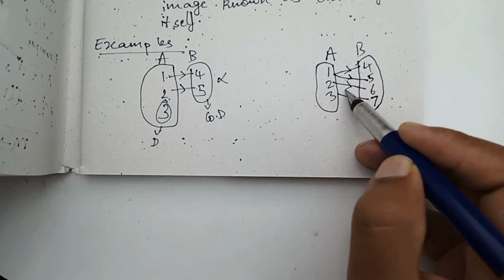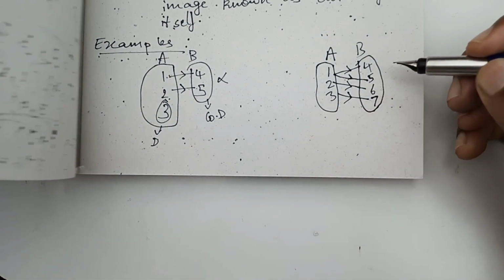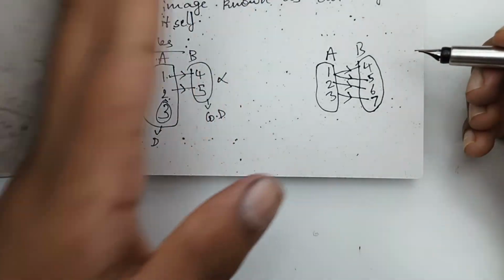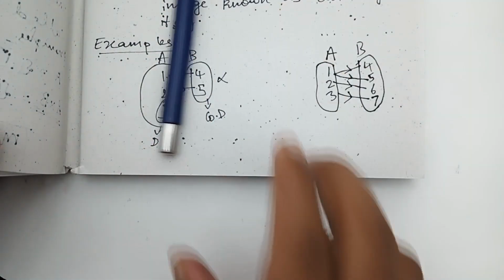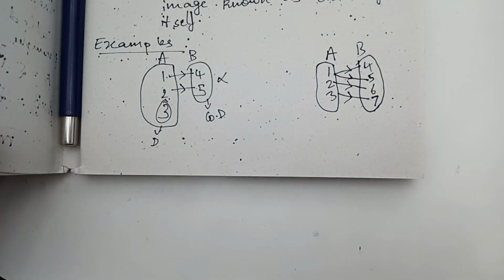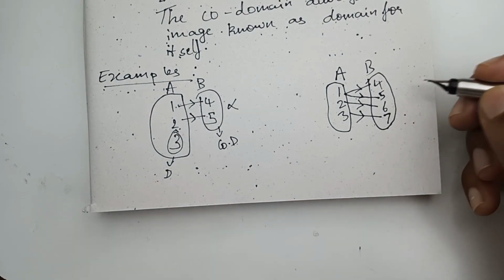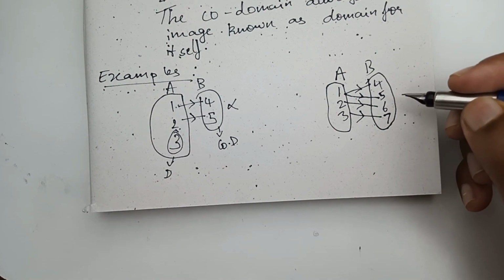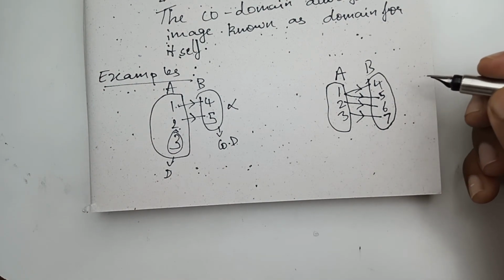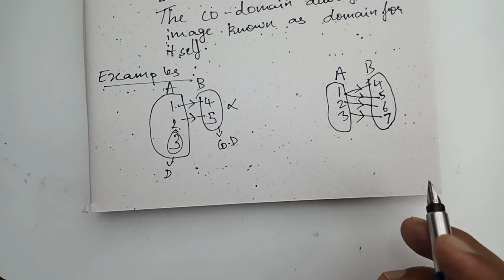Okay, there should not be one image for two codomain elements, but there can be only two images for one codomain element.